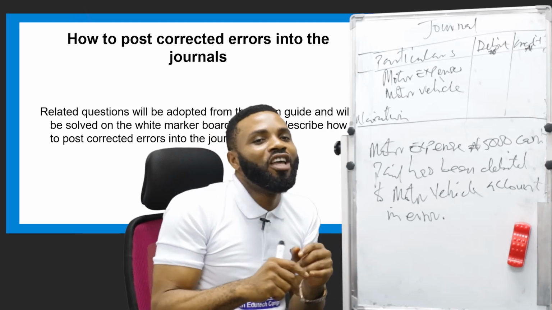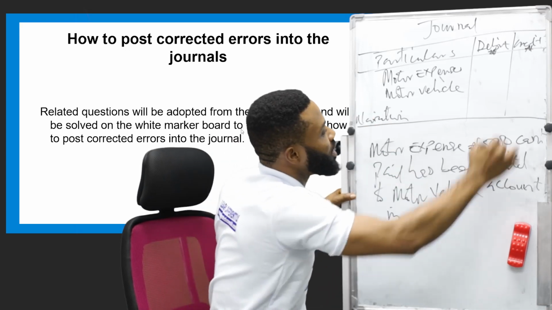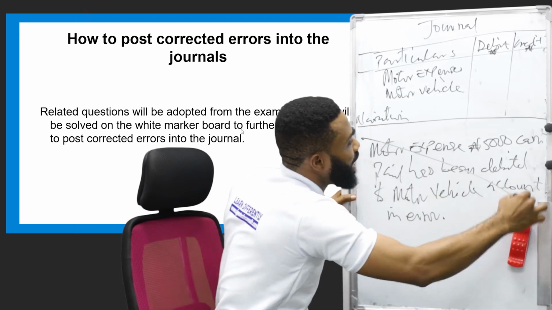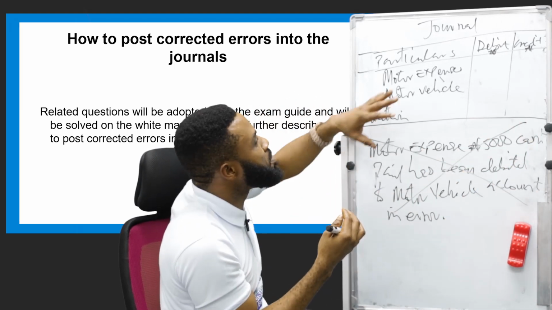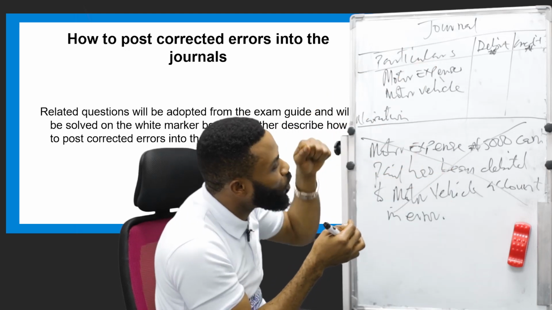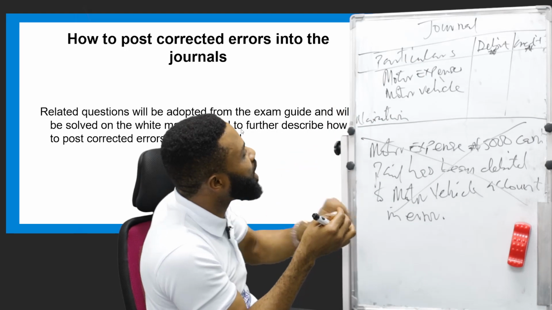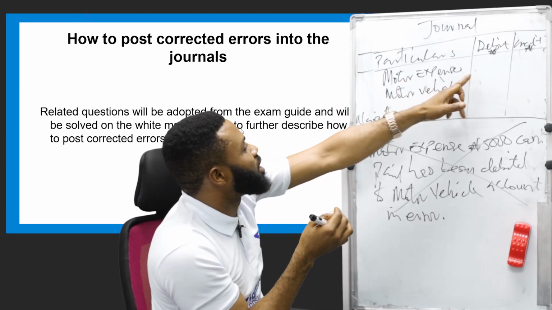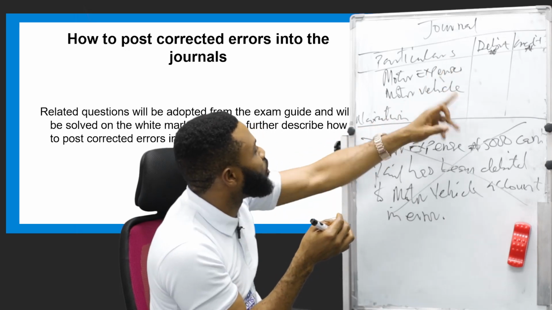A layman will just come to the book and rule it like this. We don't do anything like this. You can professionally prepare a journal to correct the error one after the other. So when you come here, you have written your motor expenses account, and then your motor vehicle.